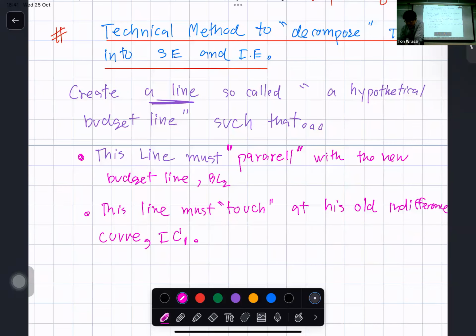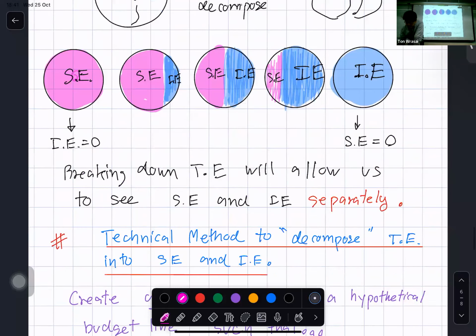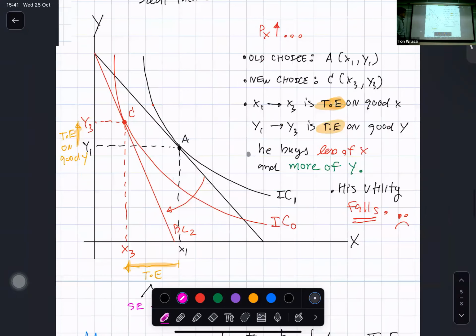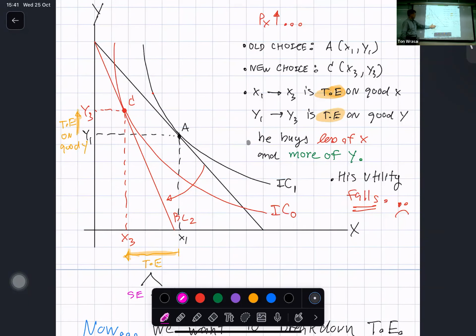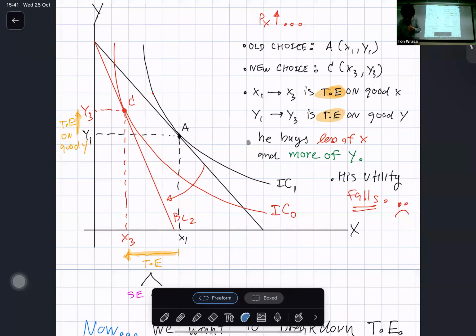Go back to the picture again. This is the new budget line BL2. We're going to construct a line that is parallel to this red one. I just copy this and change the color.